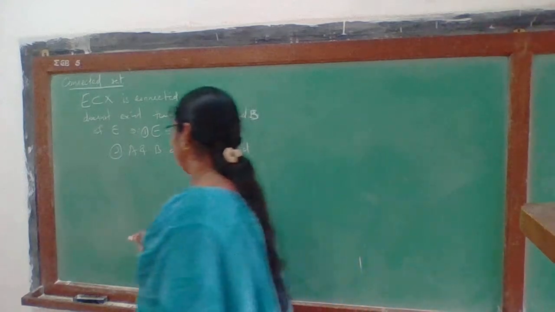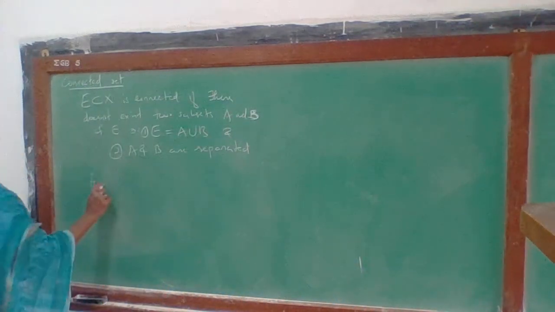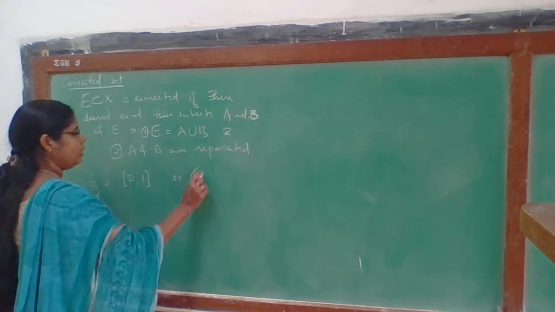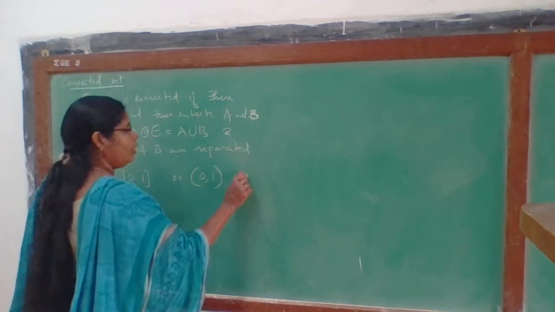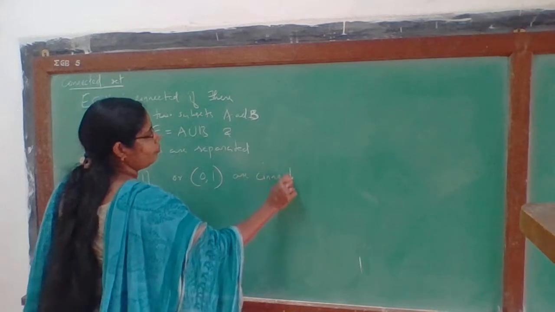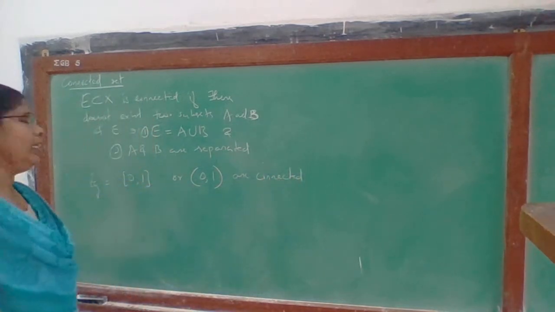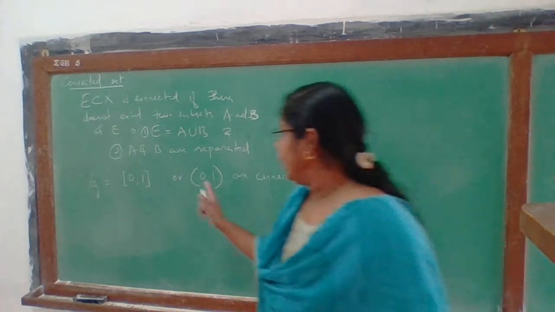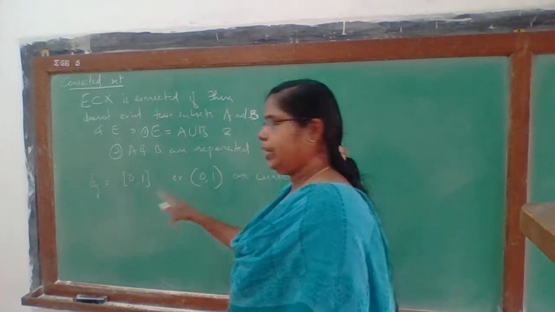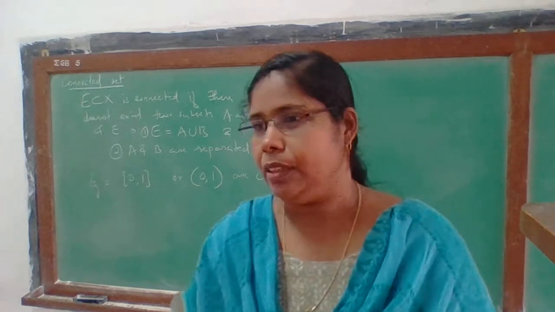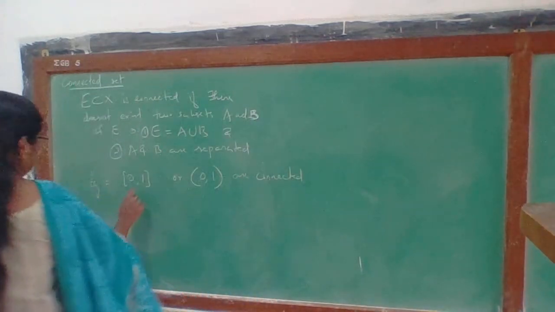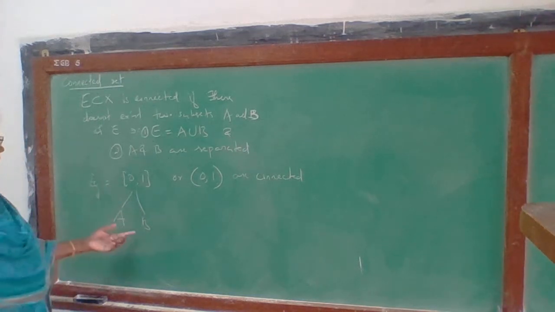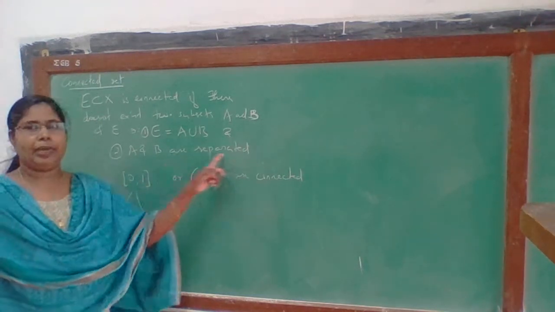For example, the set interval (0, 1) or segment (0, 1) is connected, because if you take any partition of this interval into two sets A and B, it cannot satisfy the separated condition.